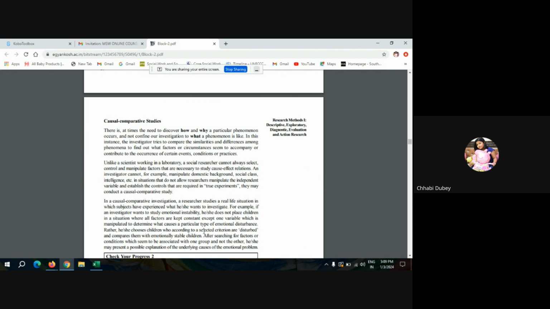After searching for factors or conditions which seem to be associated with one group and not the other, the researcher may present a possible explanation of the underlying causes of the emotional problems. So this is how we can have causal comparative studies.